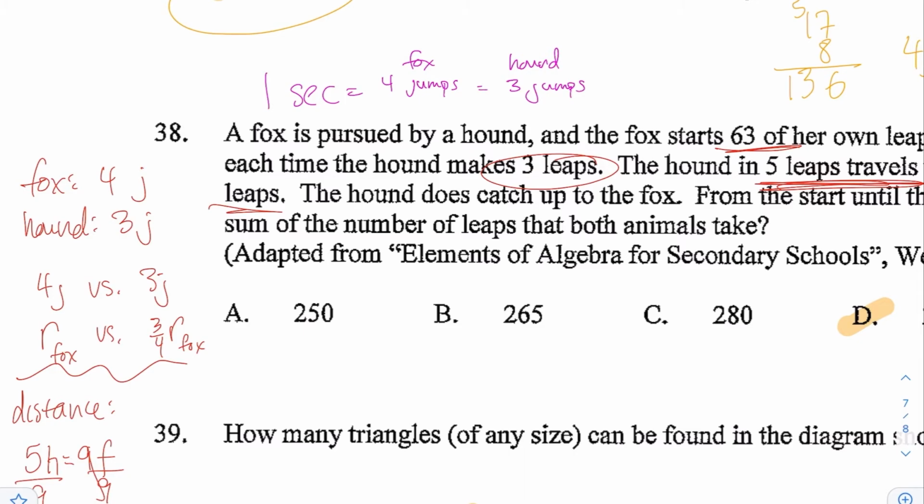That means that the fox will make a jump every 1/4 seconds, and for the hound, it's 1/3 of a second, just so that we can relate these two quantities. In reality, we should use the variable R, but we could just make R equal to 1/4, for example.